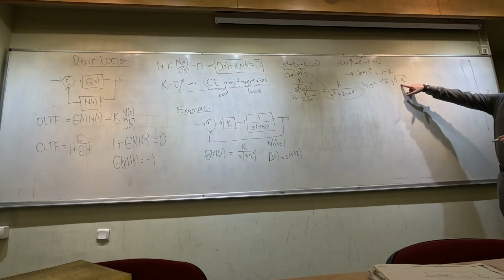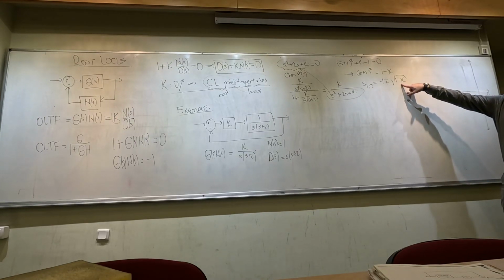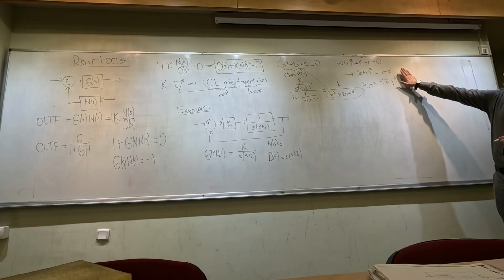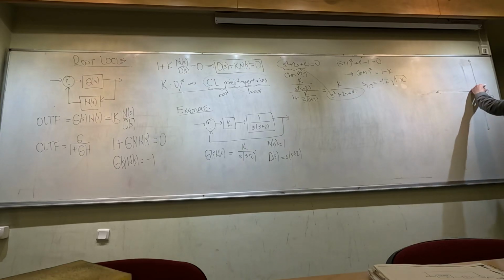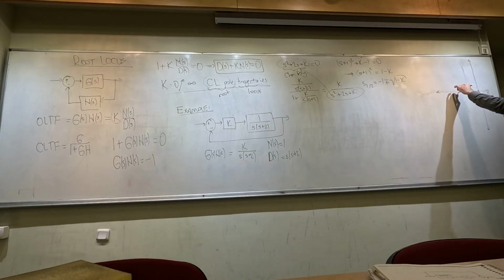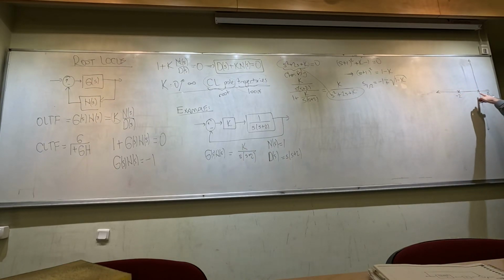Let us look at the root positions at k is equal to 0. At k is equal to 0, I have this term missing. So I have minus 1 plus minus 1, so the roots are at 0 and minus 2. So if k is equal to 0, the closed loop poles are at 0 and minus 2.